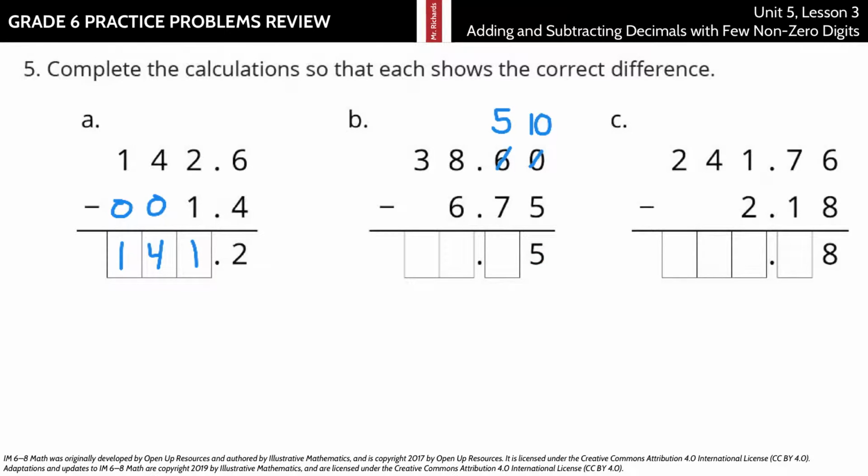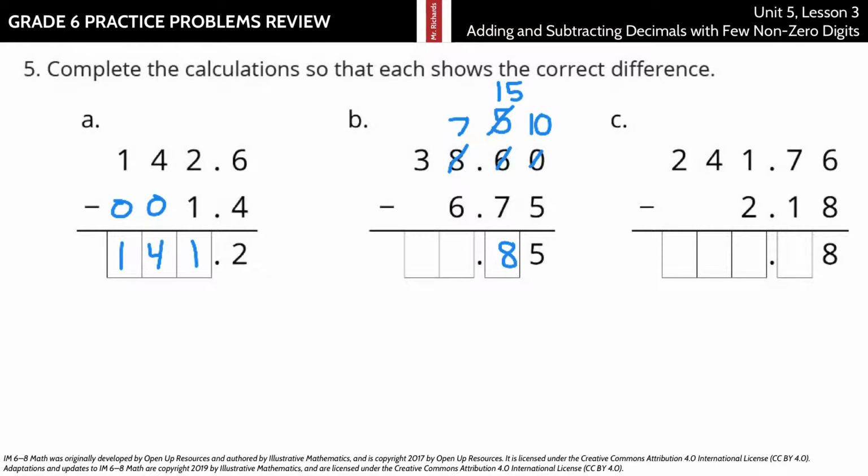Now, you cannot take 7 tenths away from 5 tenths in this question, and so we need to go over to our ones, unbundle the 8, so we're down to 7 ones, add 10 tenths to this 5 tenths that's already there, and now you're at 15 tenths. 15 tenths minus 7 tenths will get us 8 tenths.